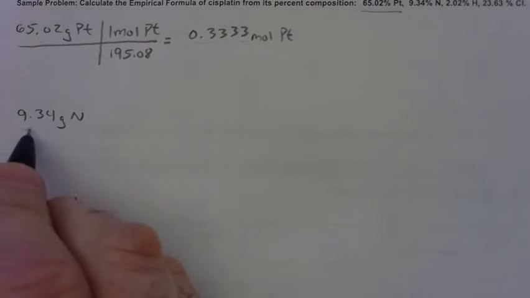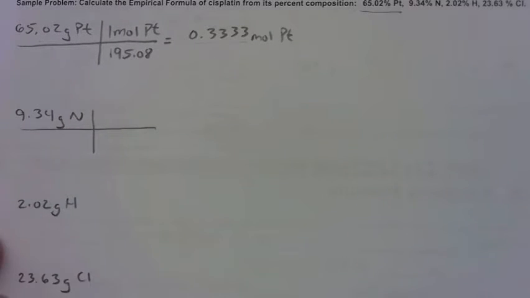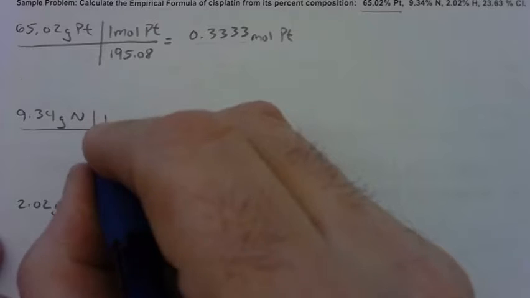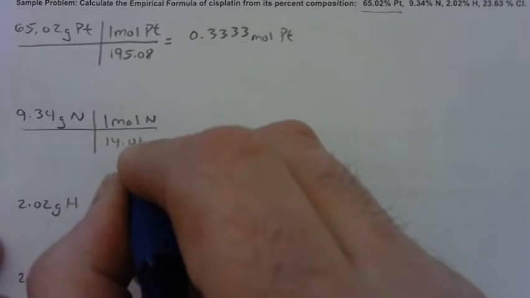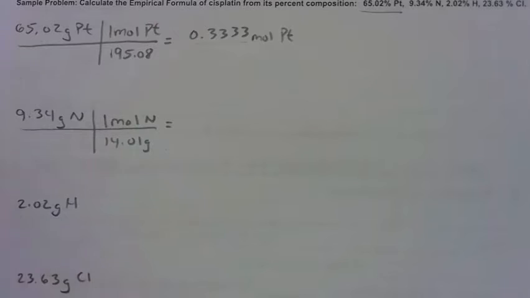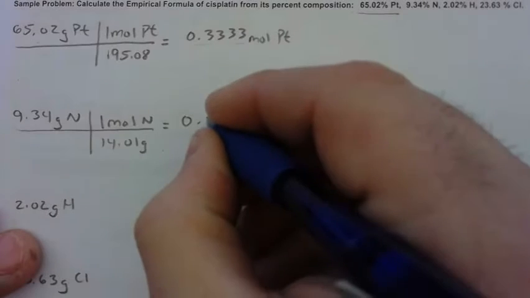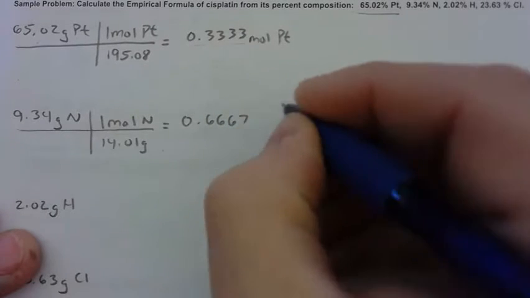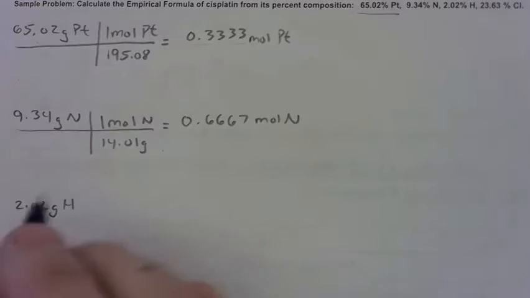And I do the same thing with each of the other elements. To get from grams of nitrogen to moles of nitrogen, I know that for every 1 mole of nitrogen, there are 14.01 grams. So I go 9.34 divided by 14.01 equals, and I get 0.6667 moles of nitrogen.